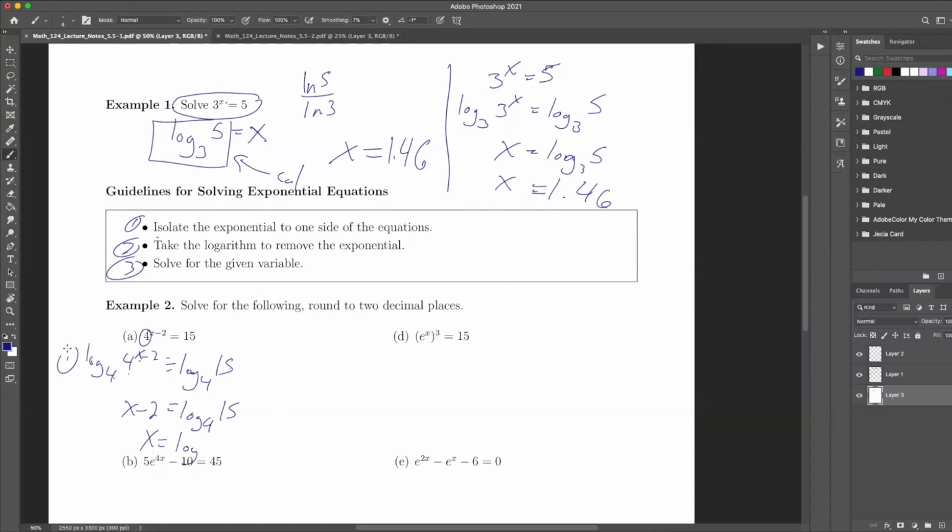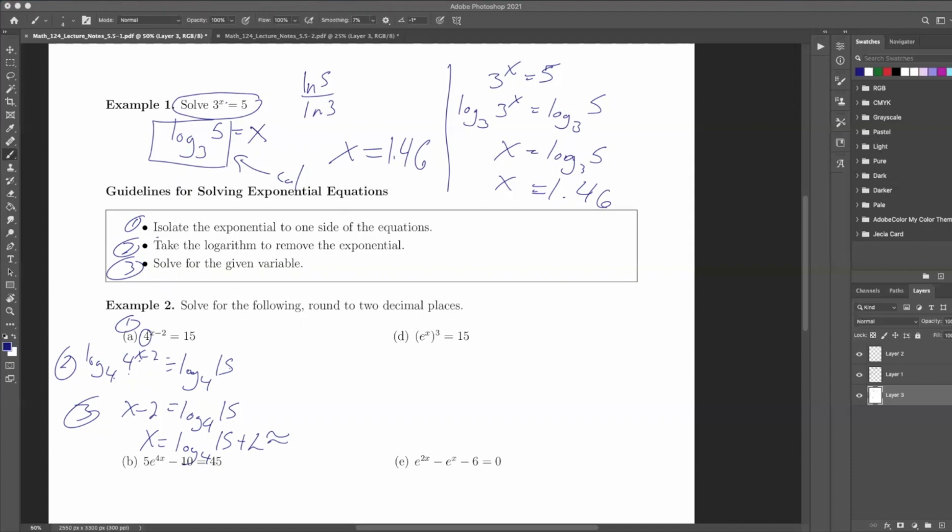So step 1 was already done for us in this case. In step 2, we took the log of both sides. In step 3, we solved for our variable: log base 4 of 15 plus 2. And here, let me open up Wolfram Alpha and I'll show you how to type it.